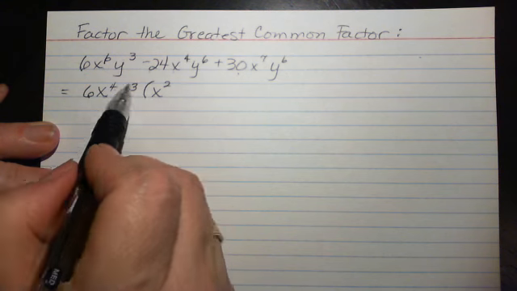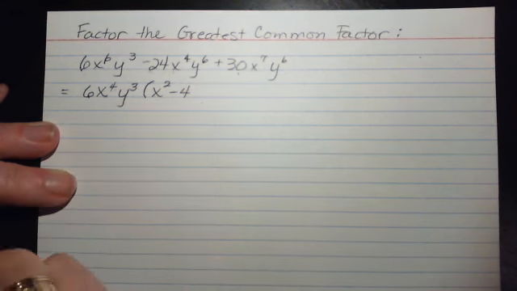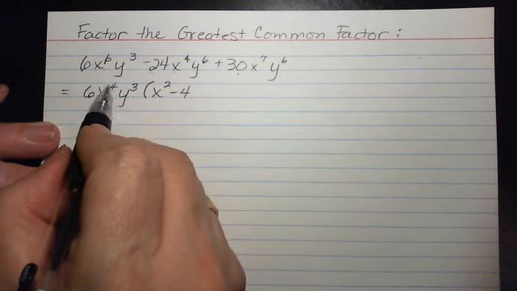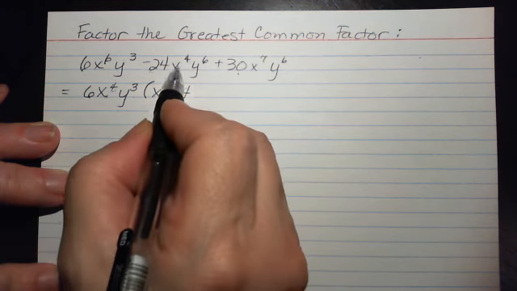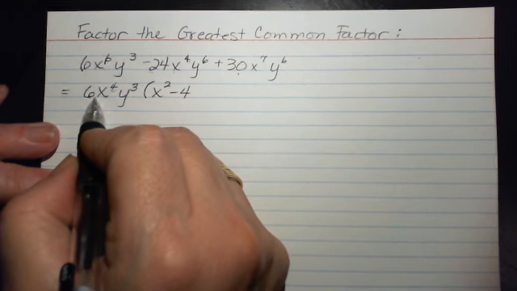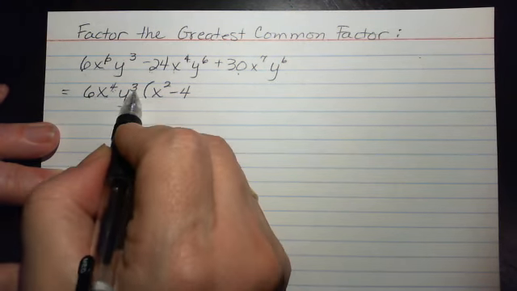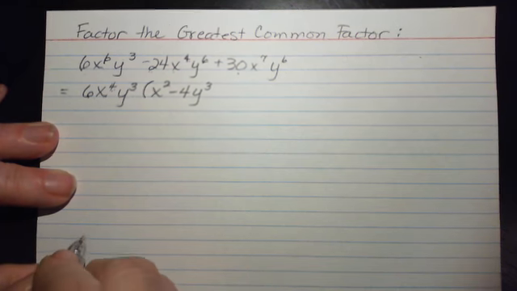Our second term, we're factoring a 6 from negative 24. That's negative 4. We're factoring x to the 4th from x to the 4th. That cancels to 1, leaves a factor of only 1. When we factor y cubed from y to the 6th, we subtract those exponents. That leaves us y cubed.